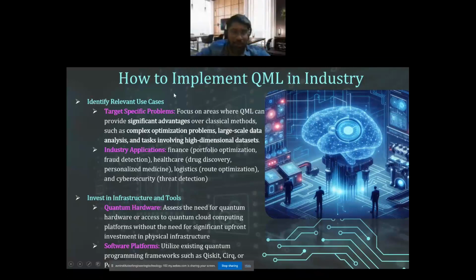Identifying the relevant use cases. This is a major thing. If you take each and every industry, we have a lot of problems or a lot of processes in the industry, right? So we need to identify the relevant use cases.